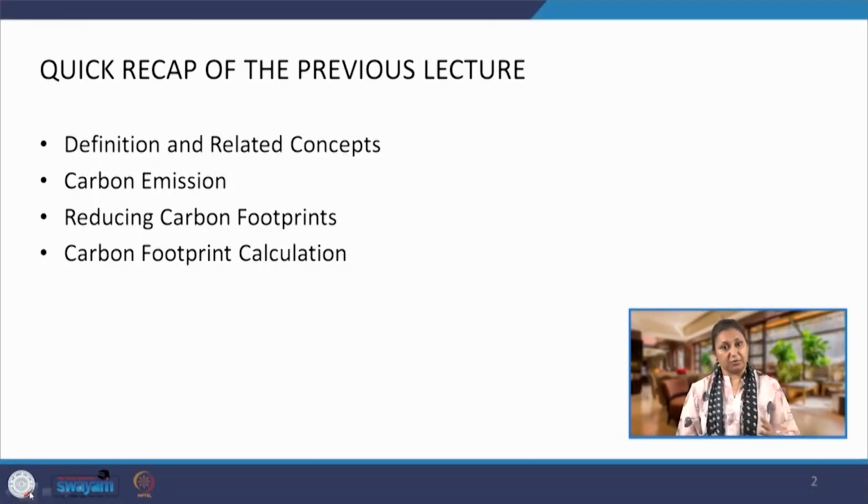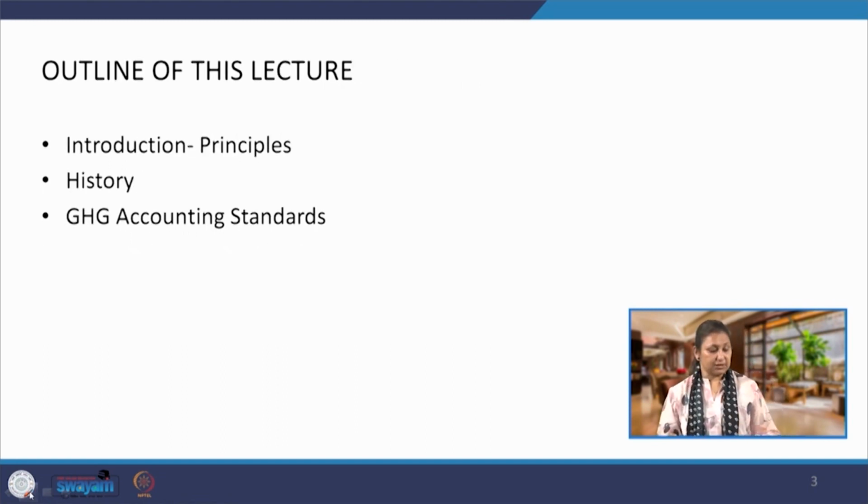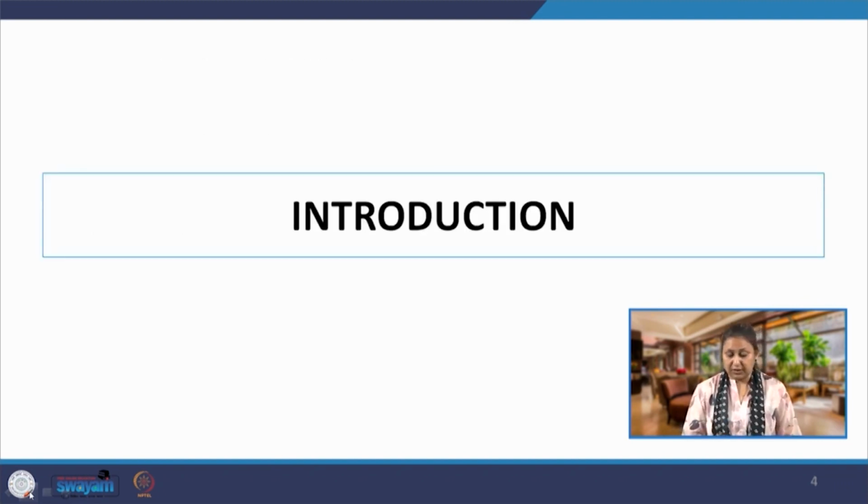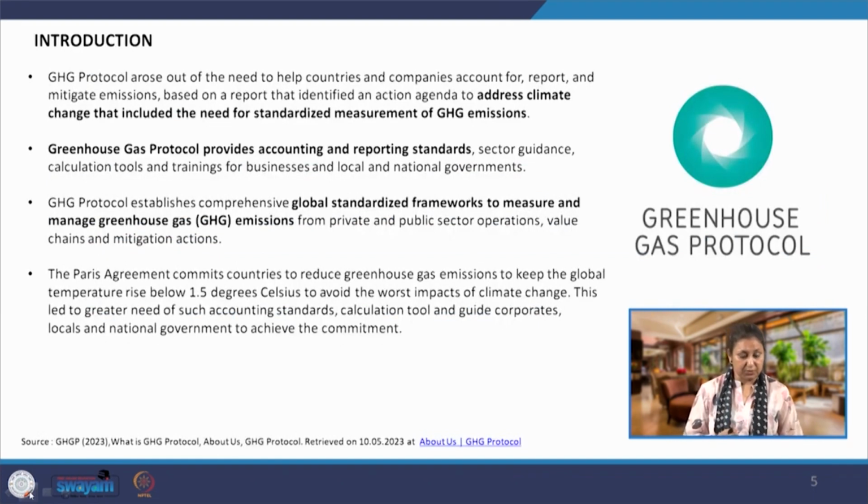Evolving further from the carbon footprint calculation, we are moving in this lecture today. We are introducing the principles and history of the greenhouse gas protocol, and we will, as an overview, look at the GHG accounting standards. So, let us begin with the introduction and the principles of the GHG protocol.